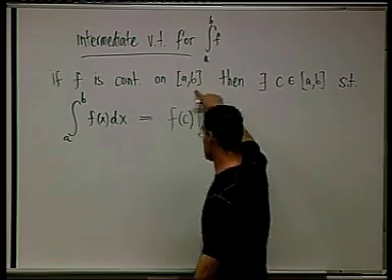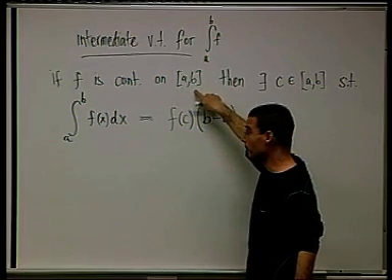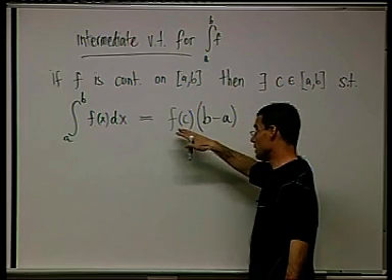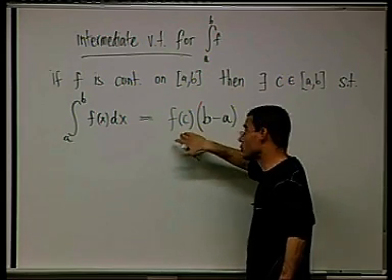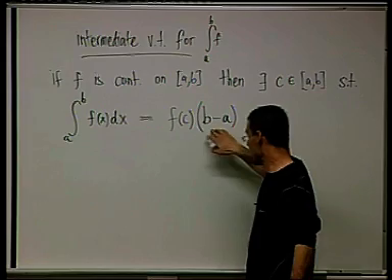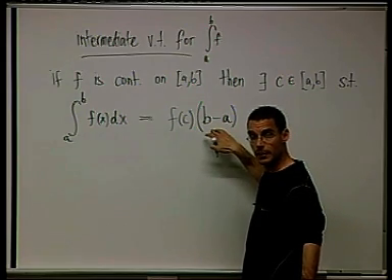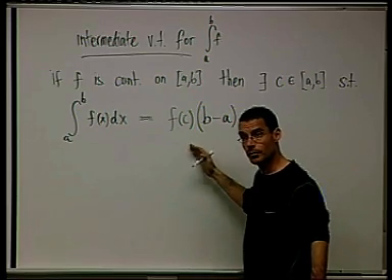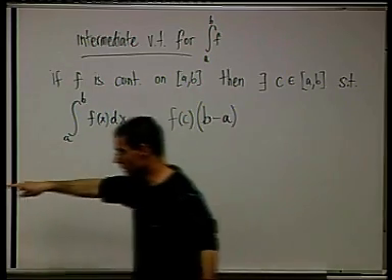If you have a continuous function on a closed interval, then the integral of that function equals the value at some intermediate point times the length of the interval. Okay? So I'm going to use this at this step. Look at it. Now look back here.